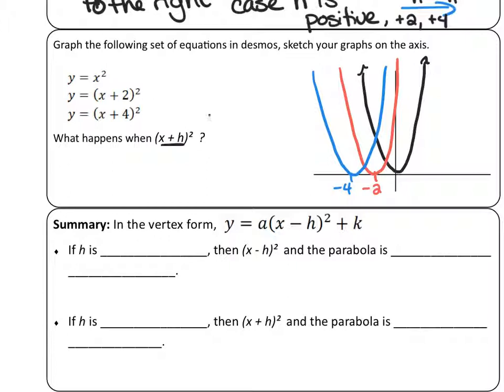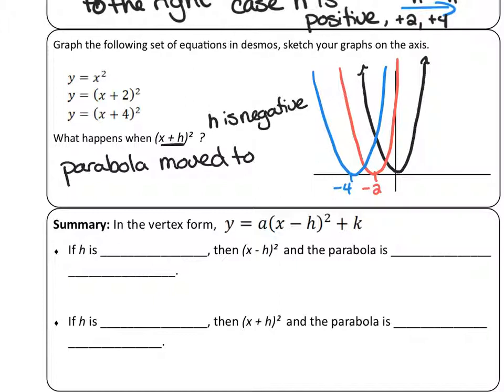In this case, h is negative. The parabola moved to the left. So it moved into the negative direction. So because it moved in the negative direction, h is negative. So h in this case is negative 2 and negative 4.